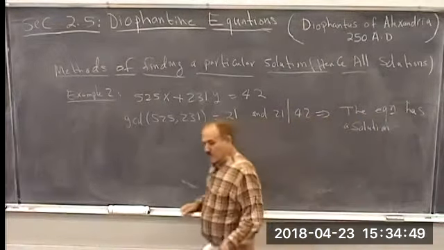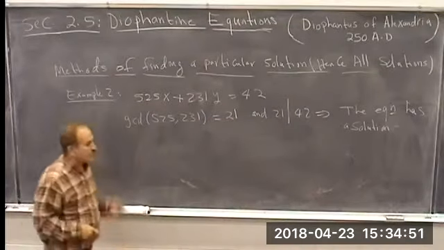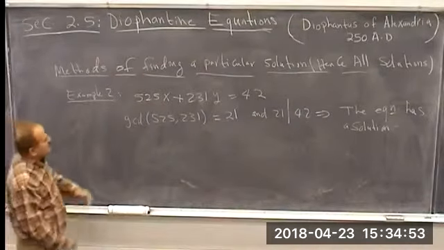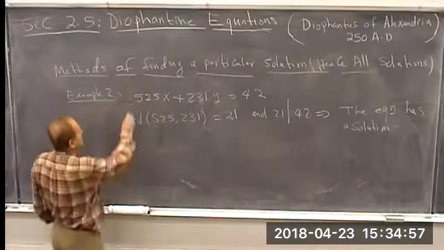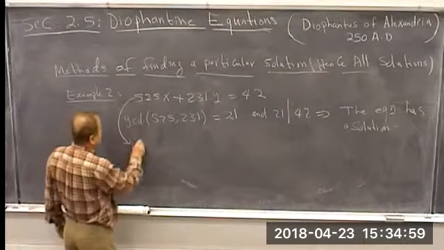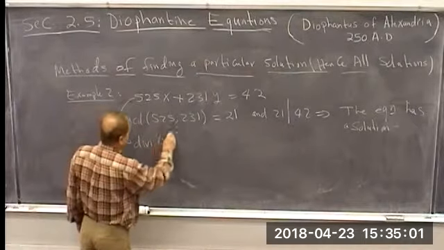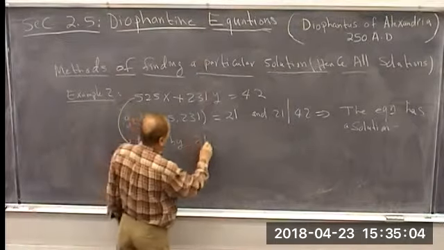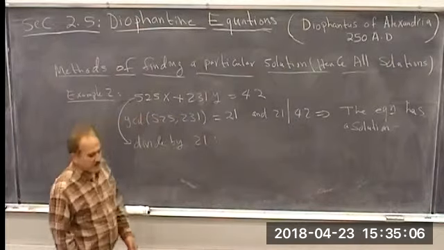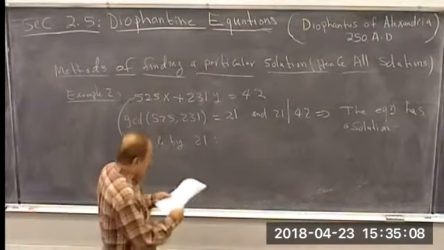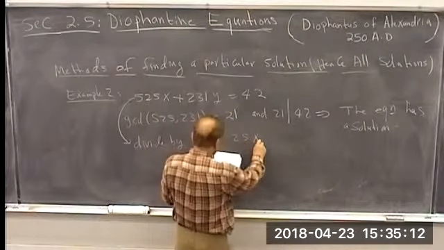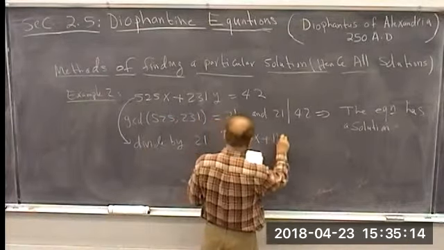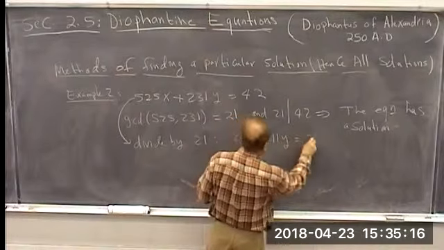All right, now the question is, we need to find one of those. So once again, we can divide the original equation by 21 on both sides, and we come up with a simplified equation, which is just 25x plus 11y is equal to 2.